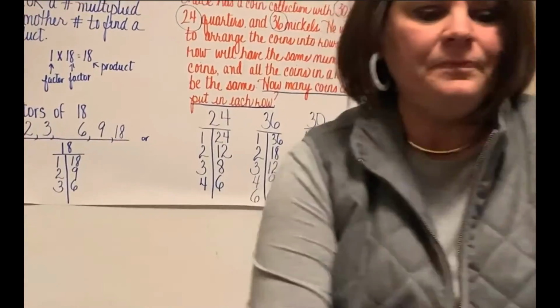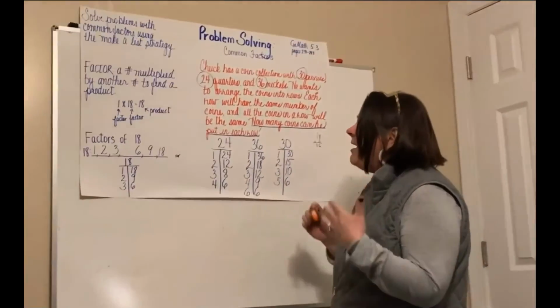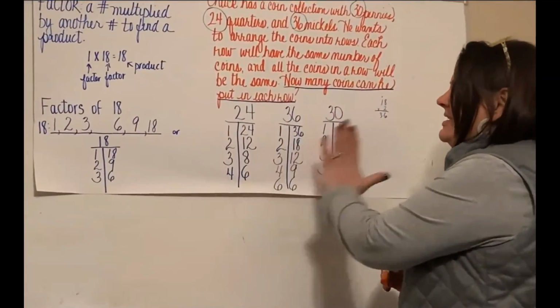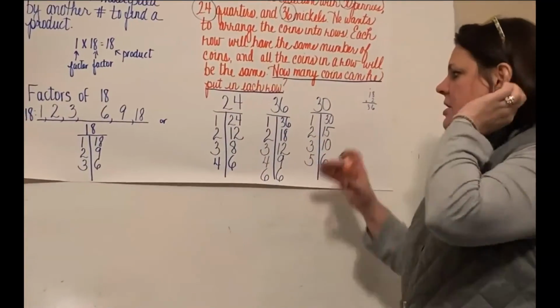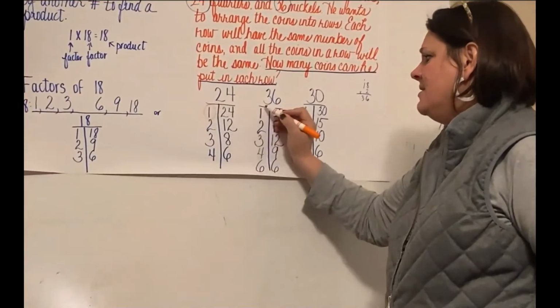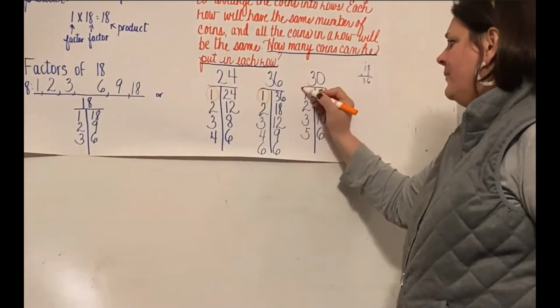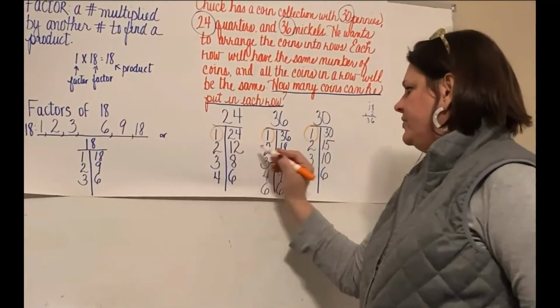Now what we need to do is find a common number in each tree, or in each diagram, or in each T-chart. Let's start in order. We have a 1, we have a 1, and we have a 1. Those are all common factors. Do we have a 2?